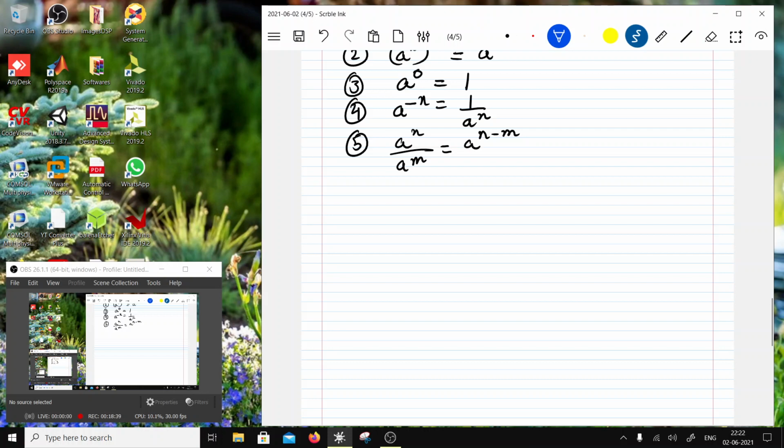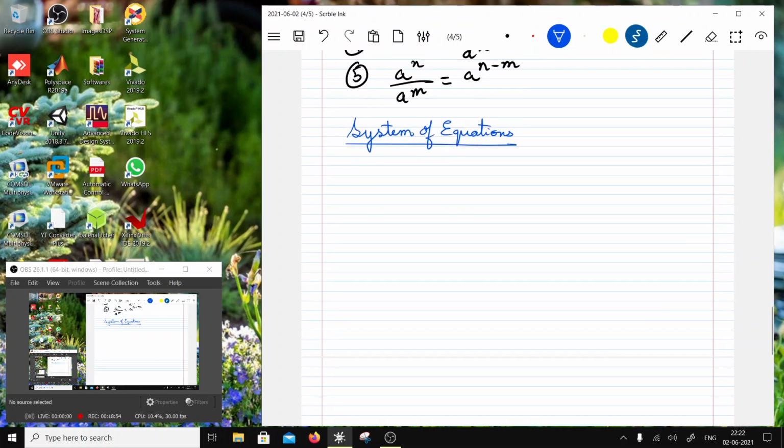The next thing is the system of equations. Here what happens is, if you have n variables or n unknowns, then I need n equations to solve them.